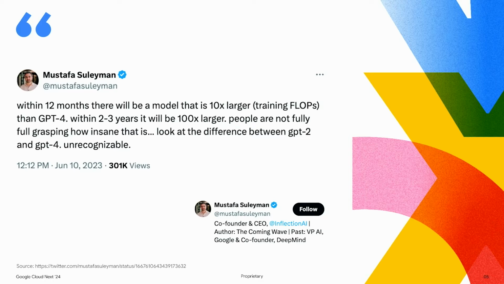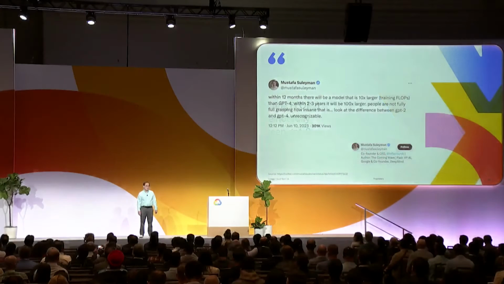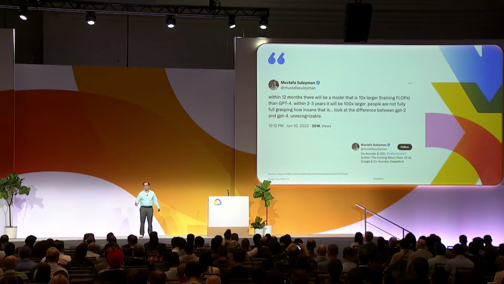He says he expects it to be 10x within 12 months, and within 2 or 3 years, something like 100x. So compute efficiency is incredibly important. Not like it wasn't important before, but now it's really important if you're working in Gen AI.